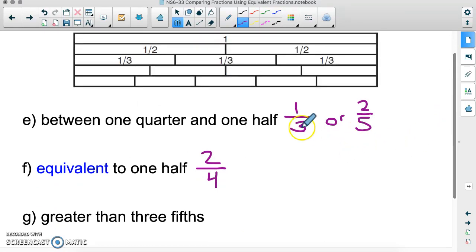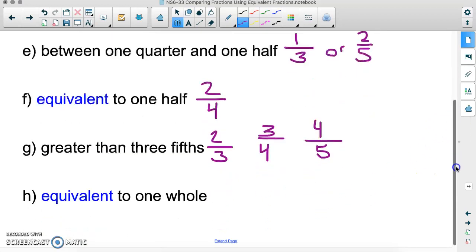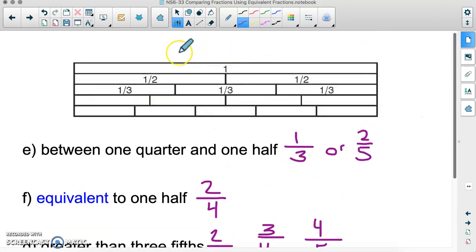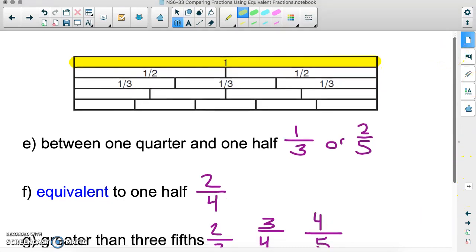Greater than 3/5, there's a few options. You could have 2/3, 3/4, or 4/5. And then the last one we're going to look at today is equivalent to 1 whole. So if I highlighted 1 whole here, you could have several answers. You could have 2/2, 3/3, 4/4, or 5/5, which would all be equal to 1 whole.